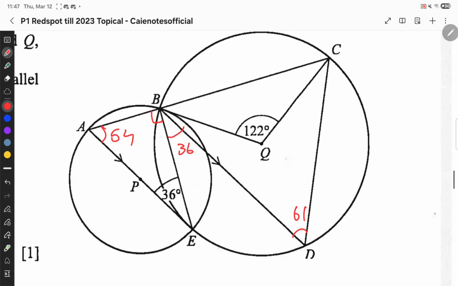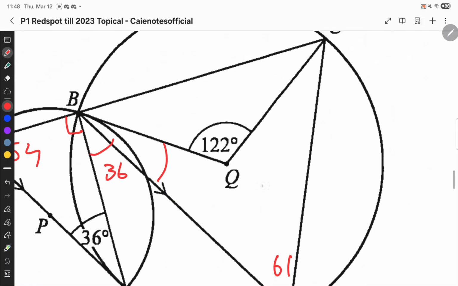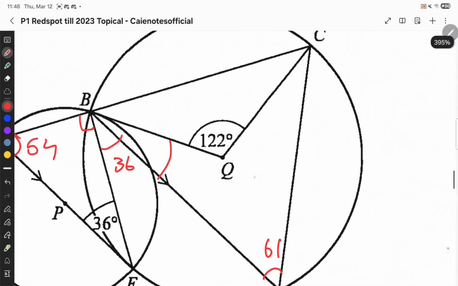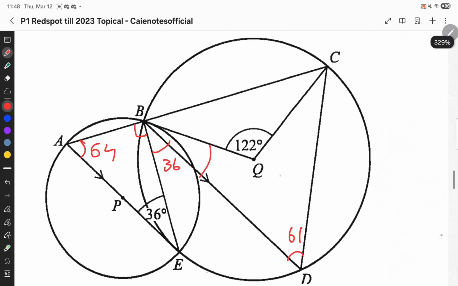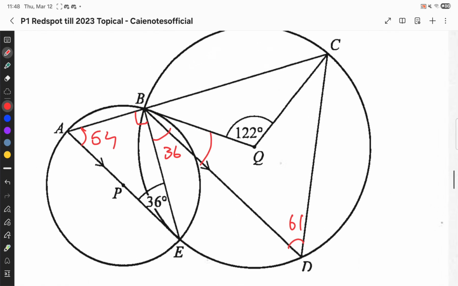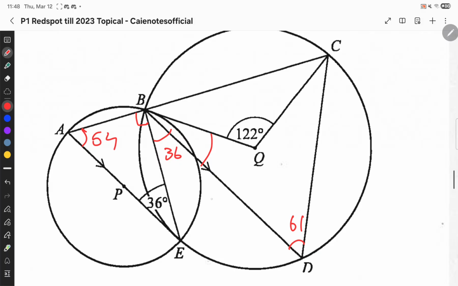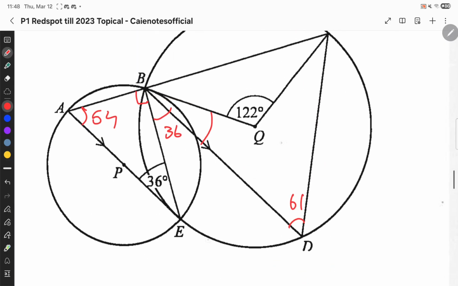D, B, and Q. We need to find this angle, and I will show you how. We know this DBQ angle will be the same as this.